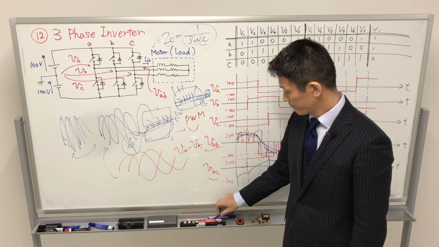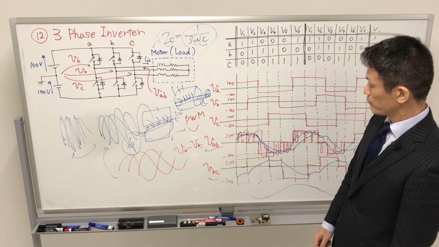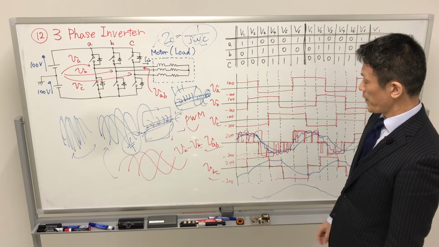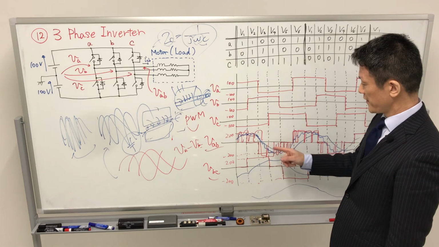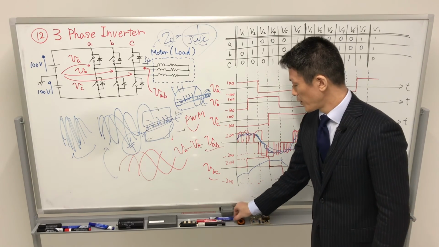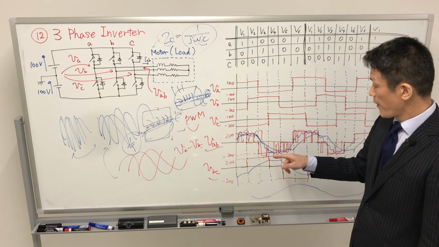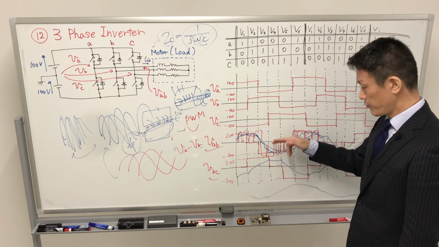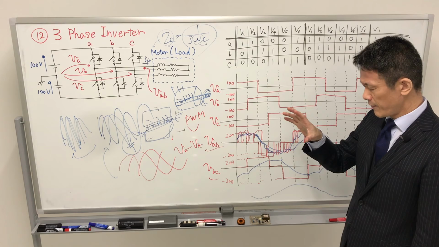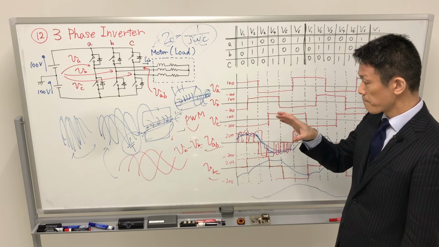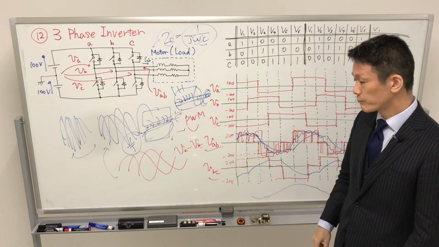So we must obtain an output current with lower high-frequency noise.